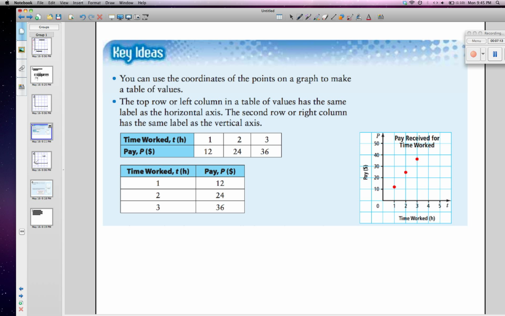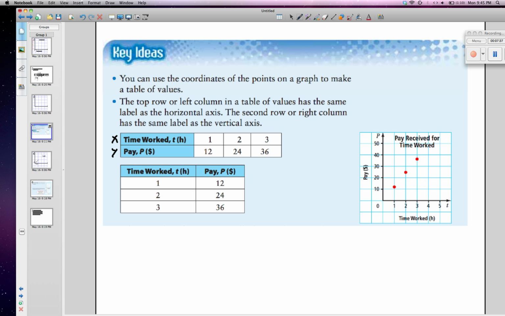So what are you doing today? You're going to go into your book and find the key ideas, somewhere around page 337, and copy down these key ideas. You can use coordinates of the points on a graph to make a table of values. So what are they saying? You can use these points right here and create a table of values.